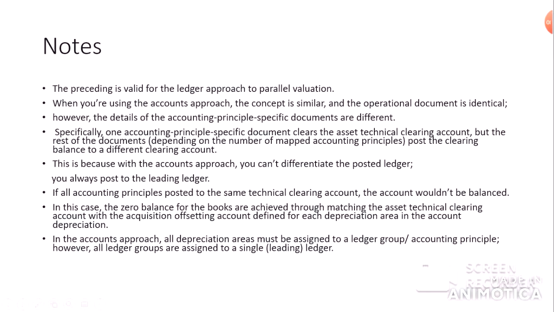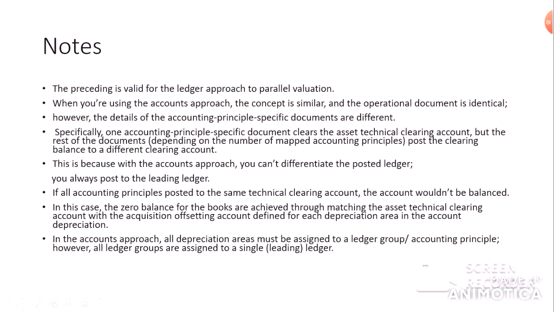So these are the 2 points we need to understand. The zero balance for the books. So the clearing account always should be zero, right? That we can achieve through matching the asset clearing account with the acquisition offsetting accounts. So for the accounting principles, we have to offset with the acquisition offsetting account, which we define for each depreciation area in the account depreciation.